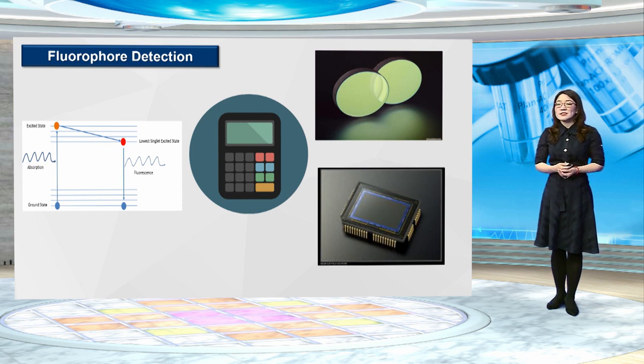A fluorescent detector is a photosensitive device that measures the light intensity emitted from a fluorophore, with a photomultiplier tube or charge-coupled devices. The signal from the fluorophore is collected and converted to an electronic signal.